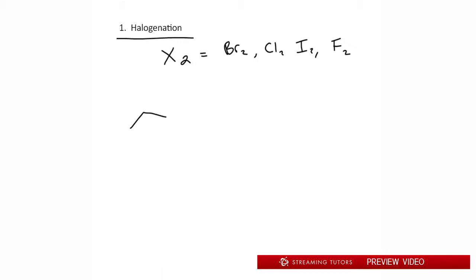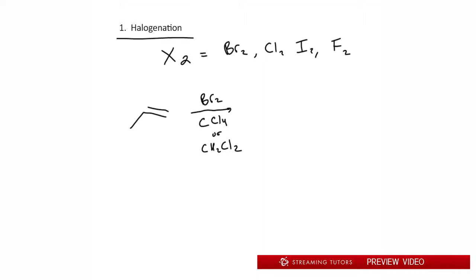If we have an alkene and we react it with, let's say, Br2 to begin, the solution is going to be either CCl4 or CH2Cl2, something that's aprotic. Again, the solution is very important, as you'll see in the next reaction. In this case, the solution is not going to be involved with the reaction at all.